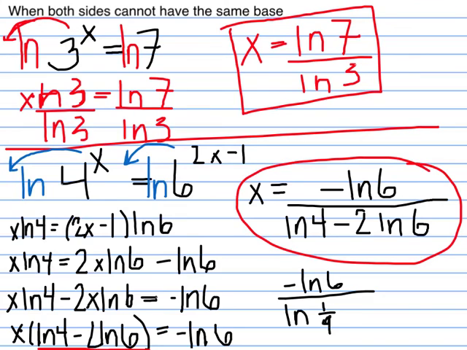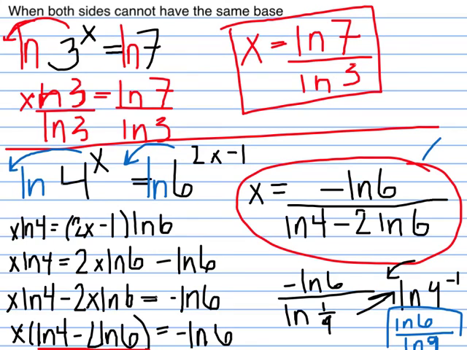We could say that is ln of 9 to the -1, and bring the negative out in front. And then you would end up with ln of 6 over ln of 9. So it's a lot more simplified than that, but that doesn't usually happen. So this is a pretty good answer, especially if you want to put it into your calculator. You'll get the answer from here.